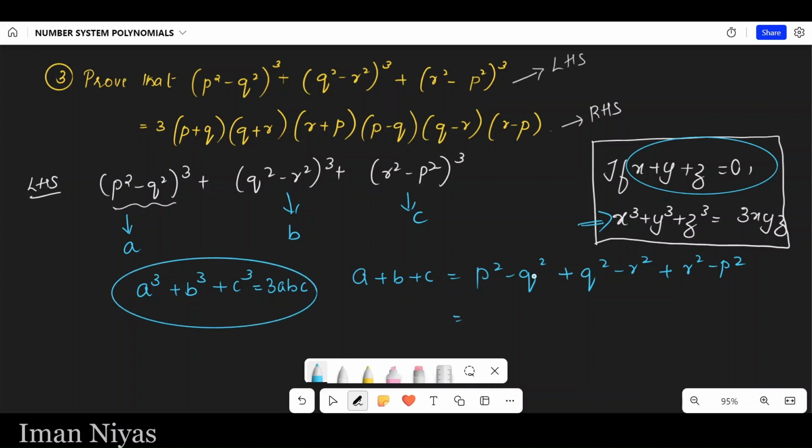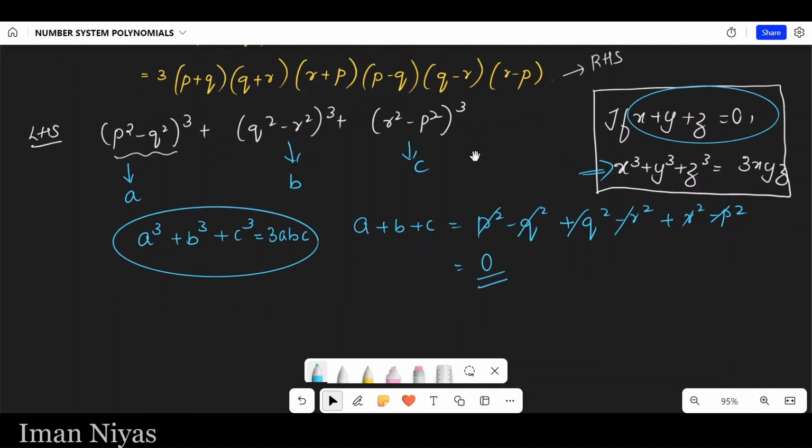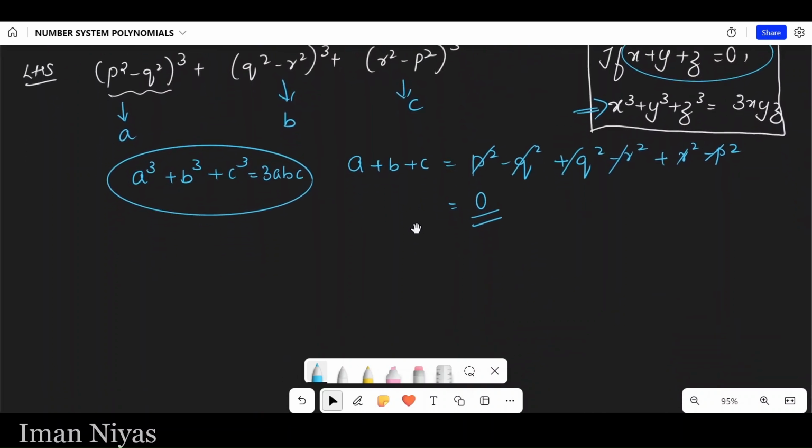Now you can see that p square minus p square, positive and negative, all got cancelled, and we got this equal to 0. That means x plus y plus z is equal to 0, as from our identity we learned that x cube plus y cube plus z cube is equal to what? 3xyz. So now we can apply that over here, and you can see that a cube plus b cube plus c cube is equal to 3abc.